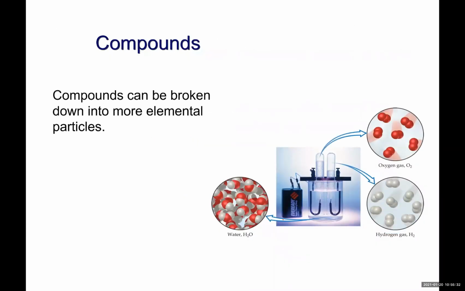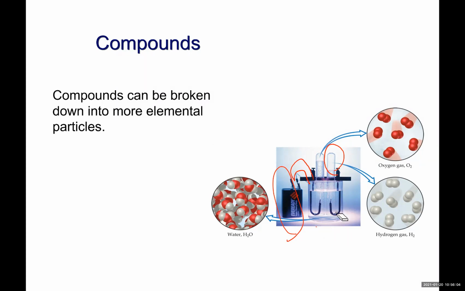So this is showing electrolysis. You're using a battery. You're connecting the electricity. And one of these, let's say, negative terminal and positive terminal, hydrogen is going to go to the negative terminal, well, no, maybe I'm wrong.